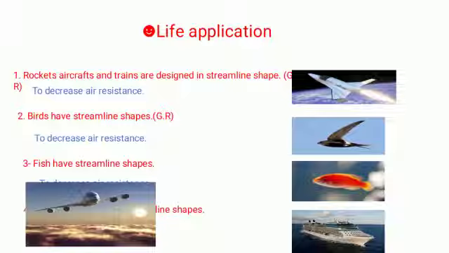Fish have streamlined shapes also to decrease the water resistance, because streamlined shapes mean that the surface area decreases, so the water resistance decreases and the speed of the fish increases.